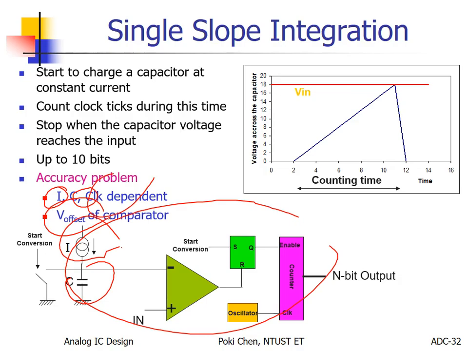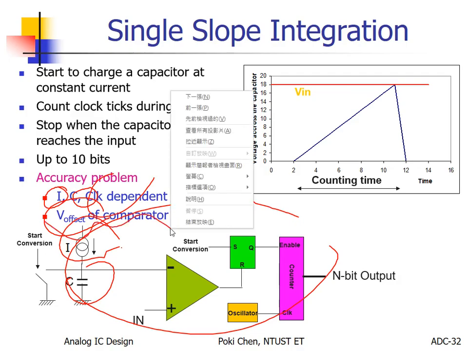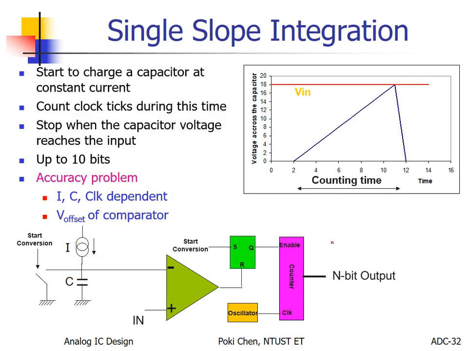For the previous one, the same. We have the same problem, but right now we get more. The accuracy of your current and your capacitor will also have some kind of impact on your output.